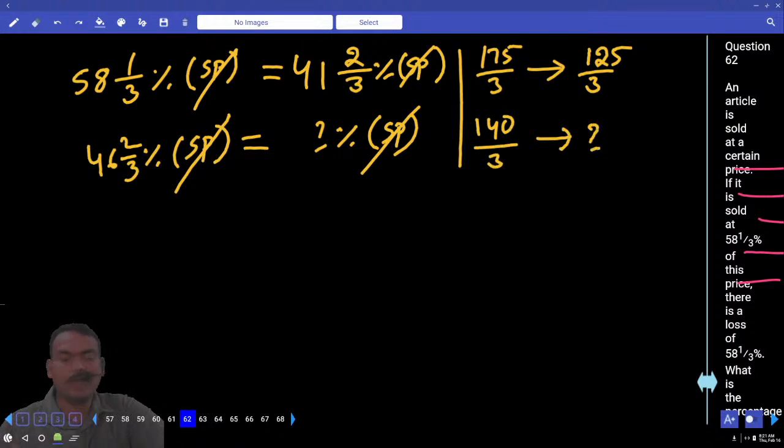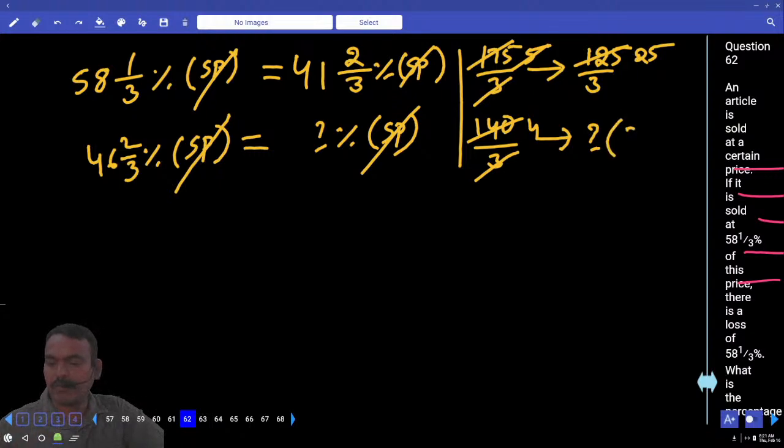The 3 denominator cancels. What is the difference between 175 and 140? 35. 35 4 times, 35 5 times, or not? 5 how many times? 25 times, or not? 4 into 25, 100 by 3. So the question mark value is how much? 33 1/3%, or not?